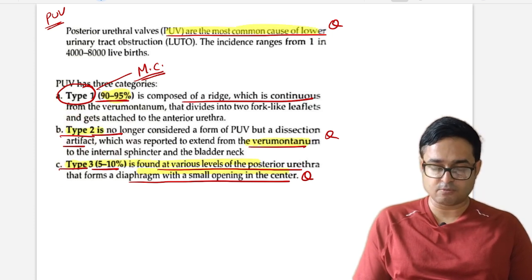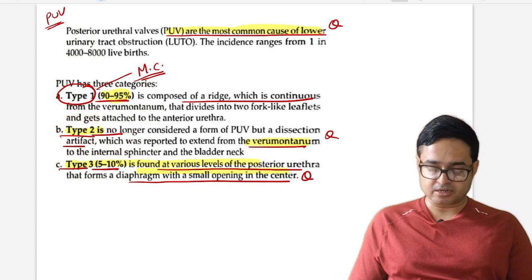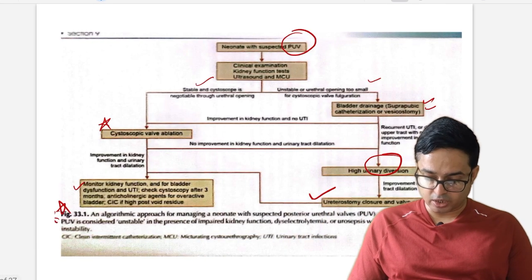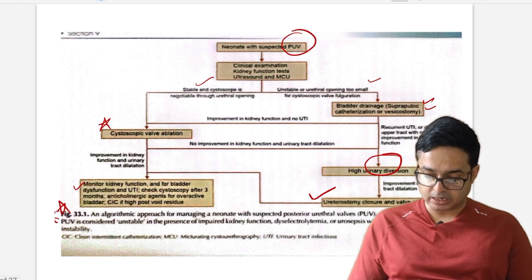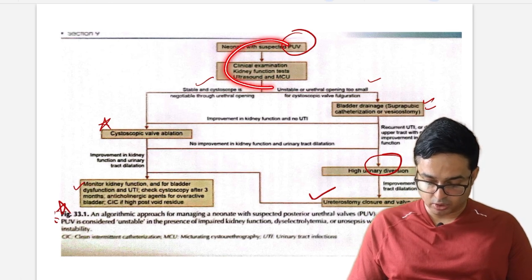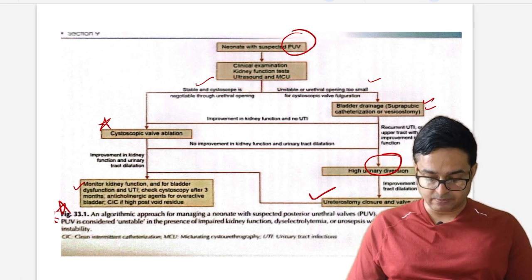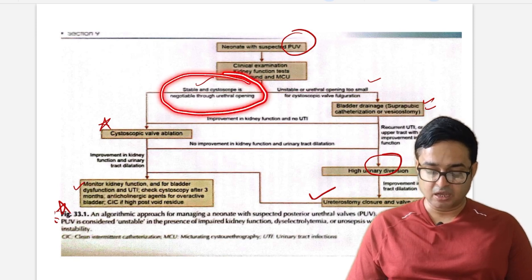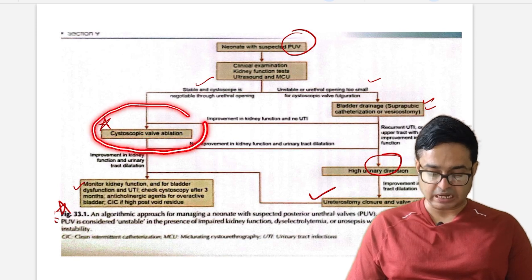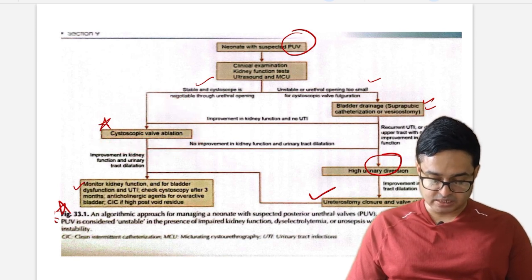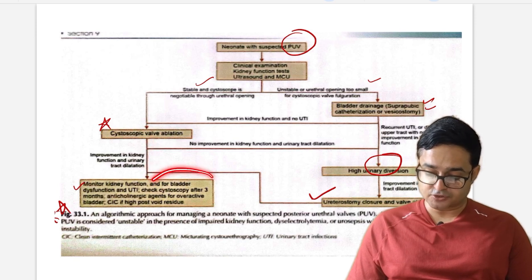Okay, this is the most common cause of lower urinary tract obstruction. If you find PUV, what will you do? Clinical examination. If your neonate is stable and the cystoscope is negotiable through the urethral opening, what will you do? Cystoscopic valve ablation. After ablation, obviously you have to monitor kidney function and check cystoscopy after 3 months.